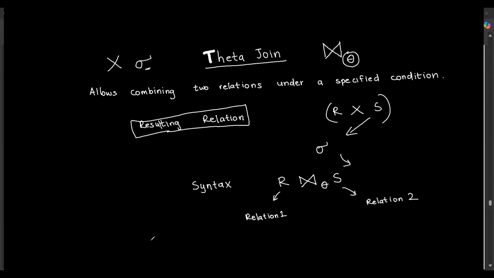We only have two steps, as I already mentioned. Step 1 is finding the cross product of relation 1 and 2, which is R cross product S. Step 2 is filtering tuples based on the given condition, which is given as theta. That's all.